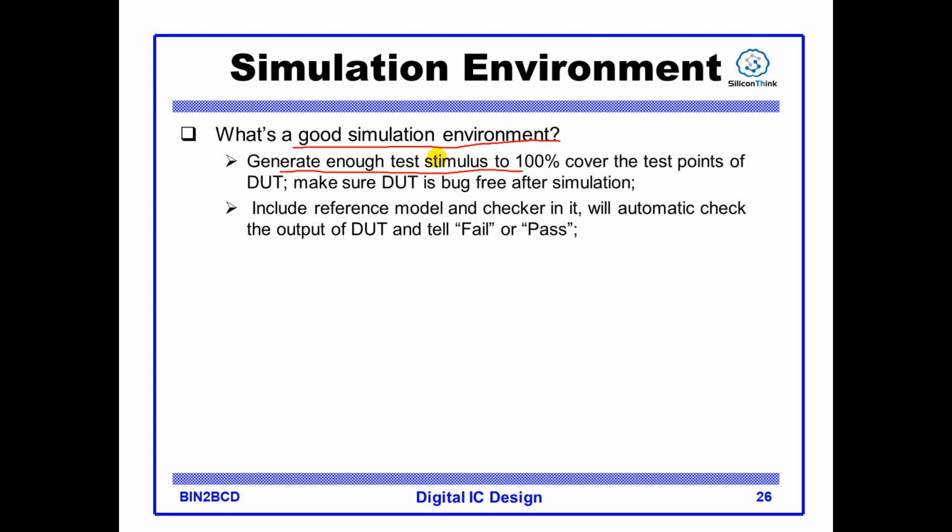Then, after the simulation has ended, you can make sure the DUT is bug-free. It also needs to include a RISC model and a checker, so it can automatically check the output of the DUT and tell whether the simulation fails or passes. So a good simulation environment must have these functions.